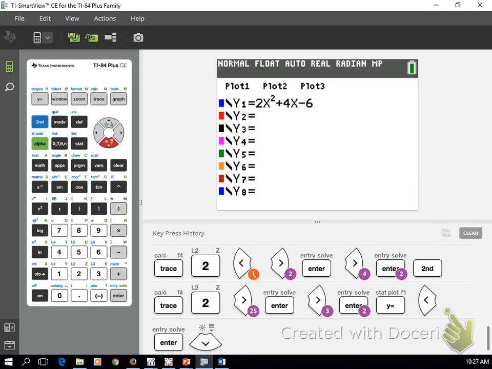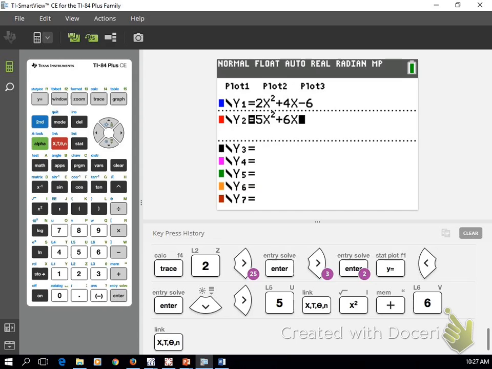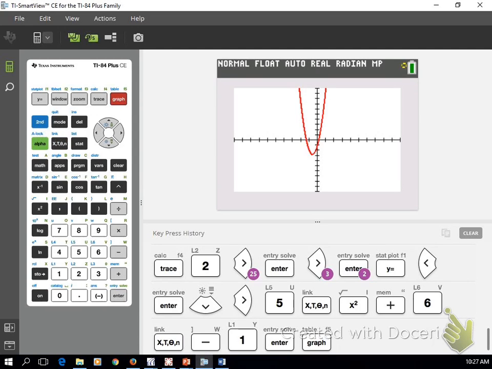Now let's type in the second equation. The second equation should have been 5x squared by the time you're done getting this equal to 0, plus 6x minus 1. And graph that. And we want to calculate a 0.